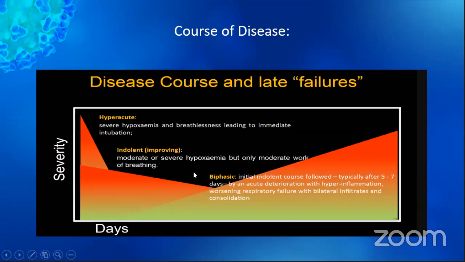In the third type, the two phases come together. First, it starts with the indolent course, which stays for 5 to 7 days, and then suddenly there is acute deterioration with hyperinflammation, worsening respiratory failure, and finally we get the infiltrates, consolidations, and collapse, everything on the X-ray or CT.